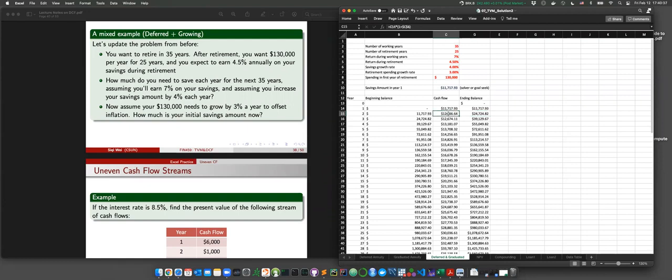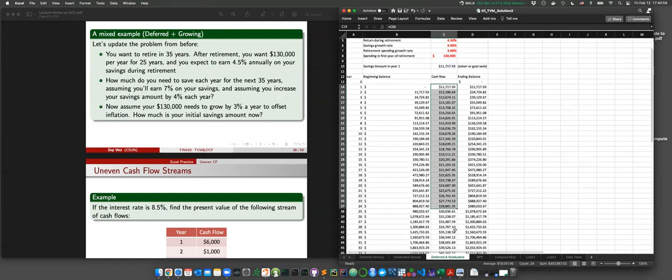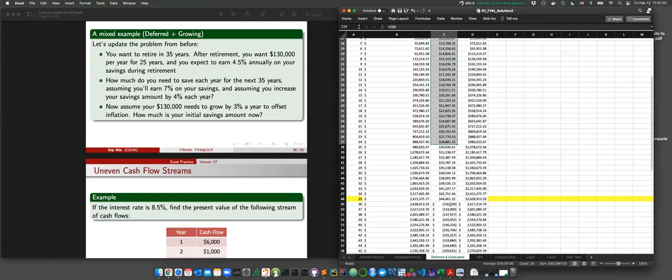Now, you want to realize that the intermediary cash flows are changing over time because you deposit more every single period. So this is a growing annuity. Every single year you can see the level of the cash flows changing over time for the first 35 years.